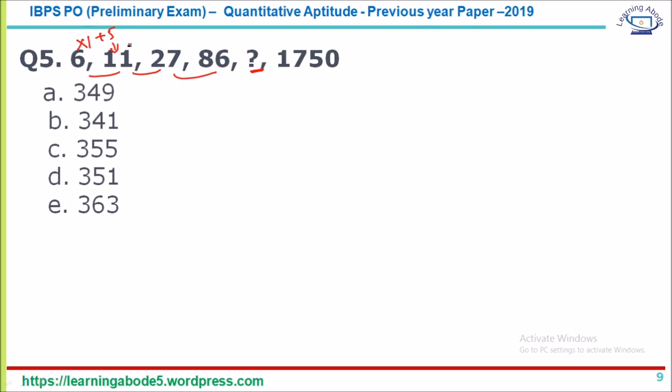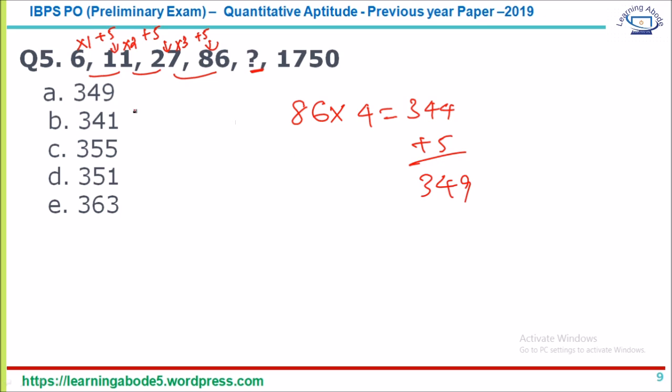Now that's 11. Now 11 into 2 plus 5, that's 27. Now 27 into 3 plus 5, that's 86. So next one must be 86 into 4, that's 344 plus 5, that's 349. That's the answer, answer option A. I can mark and move on.